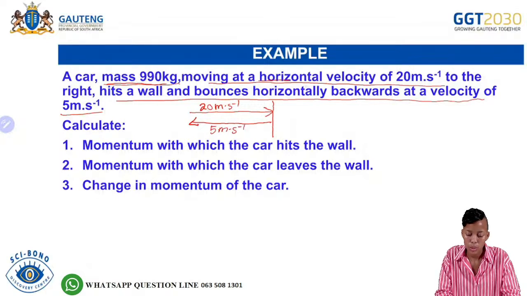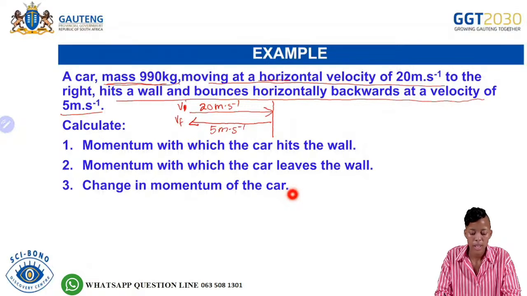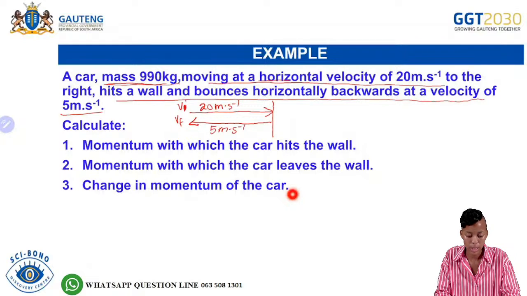So initially 20 meters per second, after bouncing back, 5 meters per second. What is this? This is the velocity. This is the initial velocity, and this is the final velocity.